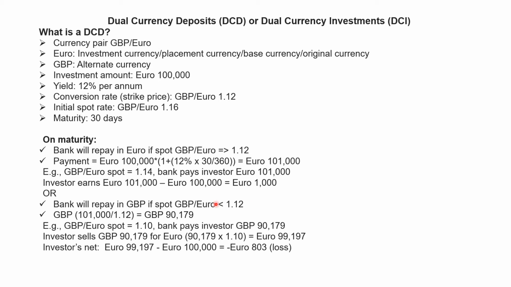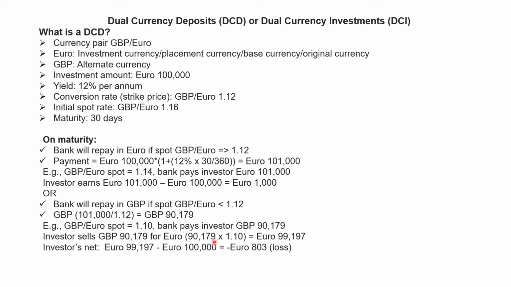If the GBP Euro is less than 1.12 on the maturity date, the bank will repay in GBP. And the amount which the bank will repay will be GBP 101,000, which is the equivalent Euro amount, divided by 1.12, which is GBP 90179. For example, if the GBP Euro spot on the fixing date or the maturity date is 1.10, the bank will pay the investor GBP 90179.